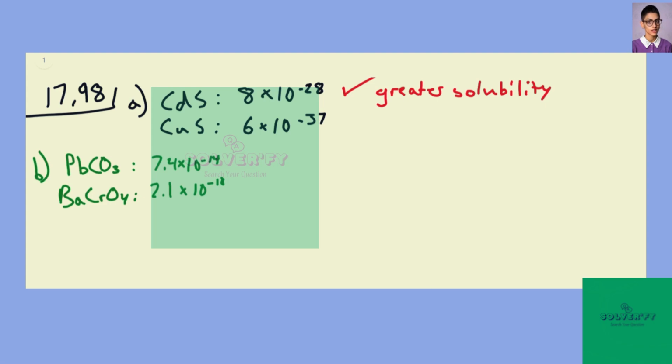Same as before, the same 1-to-1 ratio of the ions, so the Ksp values will be equal to x squared. So the higher Ksp gives the greater solubility.